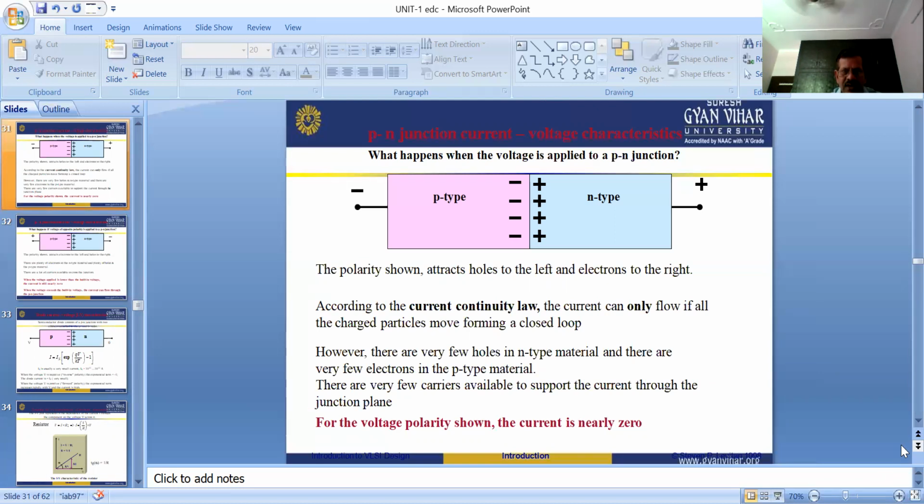However, there are very few holes in n-type materials and very few electrons in p-type materials. So there are very few carriers available to support the current through the junction plane. For the voltage polarity shown, the current is nearly zero.